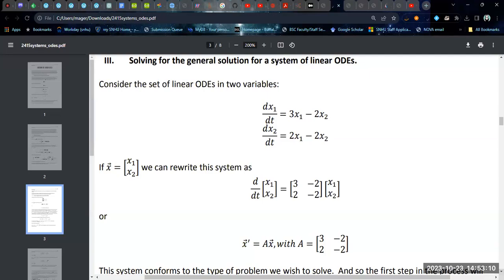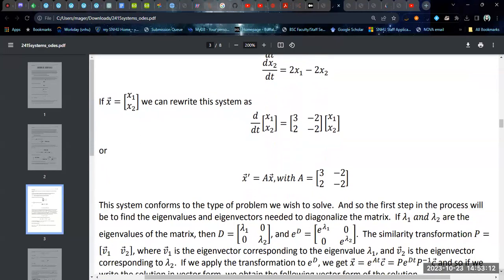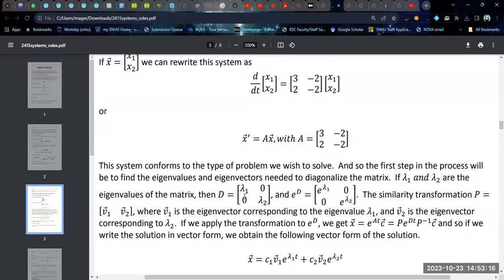And what we know from the introduction that we briefly discussed is that our solution is related to the eigenvalues of our A matrix, because that's how you generally diagonalize a matrix. And so we're going to need e to the lambda 1 and e to the lambda 2, assuming we can find two eigenvalues and two eigenvectors.